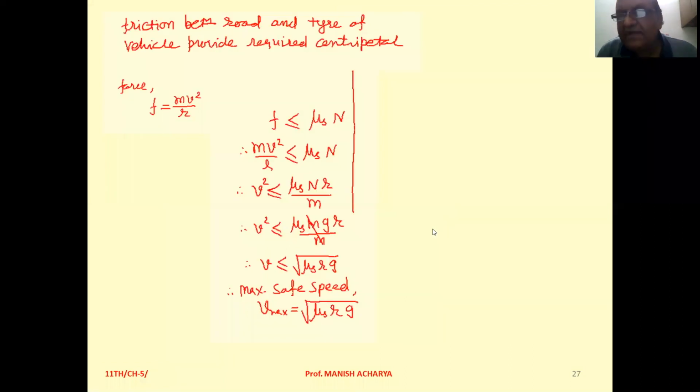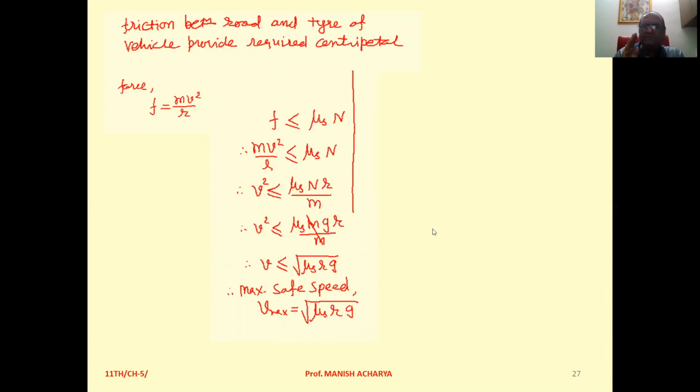Frictional force provides the required centripetal force, so we can write F equals mv squared by r. Now see, if we increase the speed, mass and radius of curvature are constant. So if we increase the speed of the vehicle, then the required centripetal force will increase.